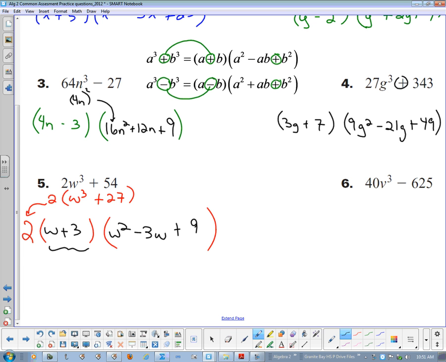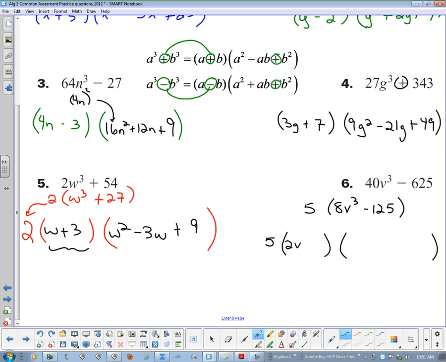Let's do one last one and call it a day. I'm going to factor out a GCF. What do you see as a GCF? Maybe a 5? We're going to end up with 8b cubed minus 625 divided by 5, 125. So this is going to be 5. We have a 2b.